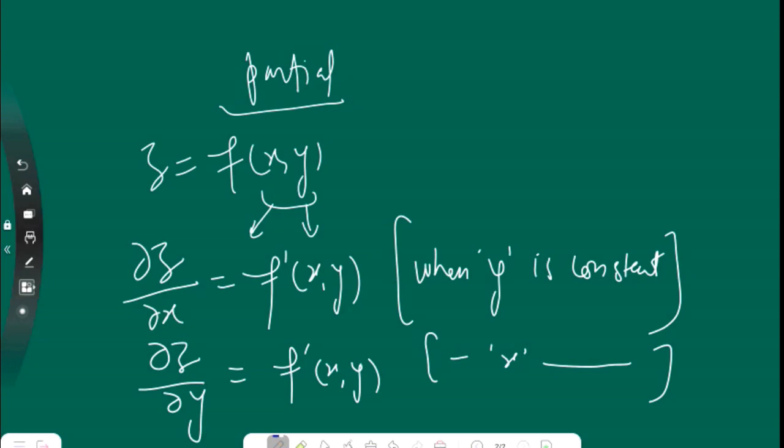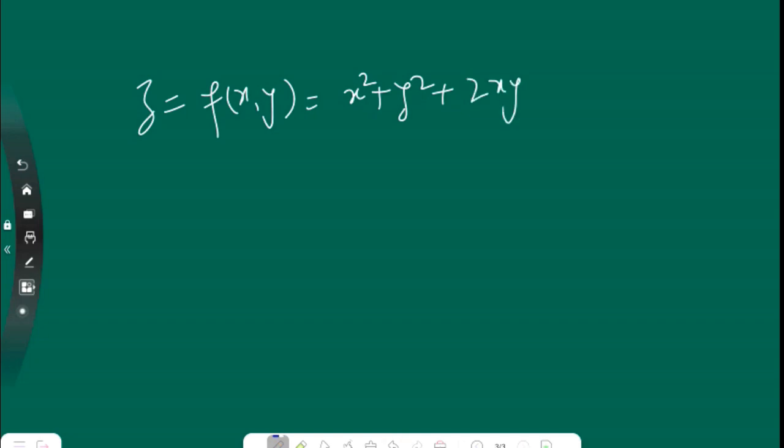So we are going to understand it with an example. Let us suppose z is a function of x and y, such as x square plus y square plus 2xy. We are going to differentiate it first with del x.